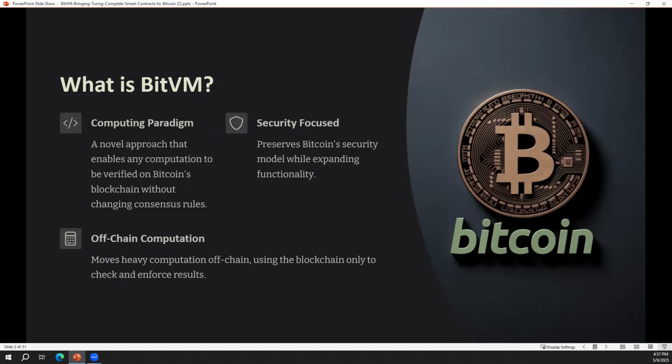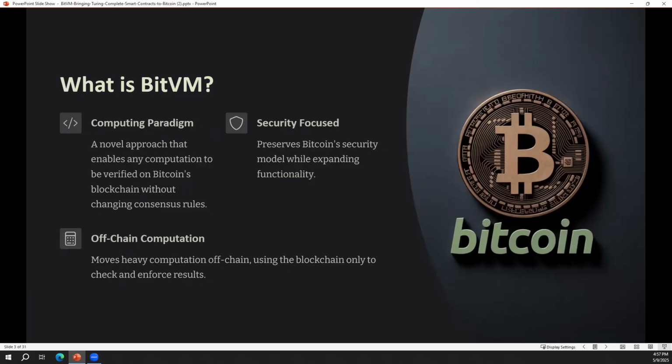So let's start with what BitVM is. BitVM is a novel approach that enables any computation to be verified on Bitcoin's blockchain without changing consensus rules. It also preserves Bitcoin's security model while expanding functionality.